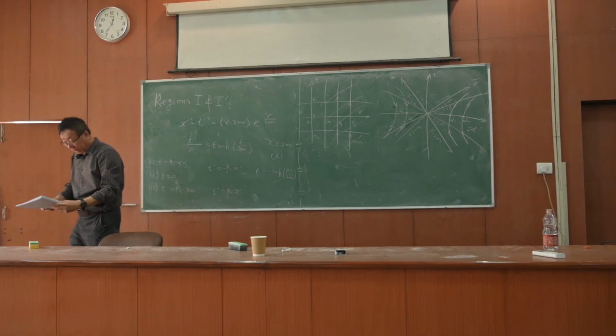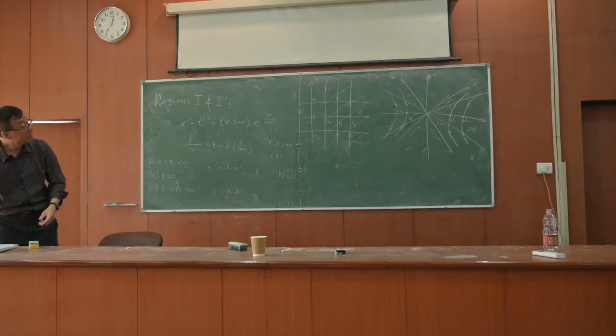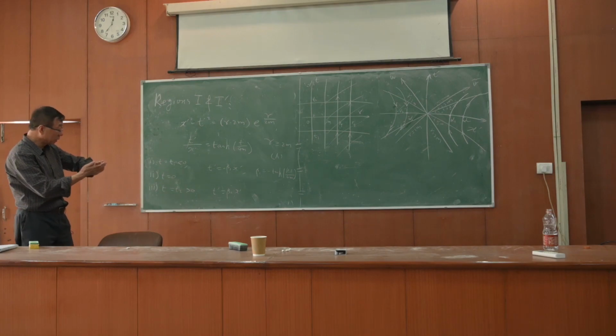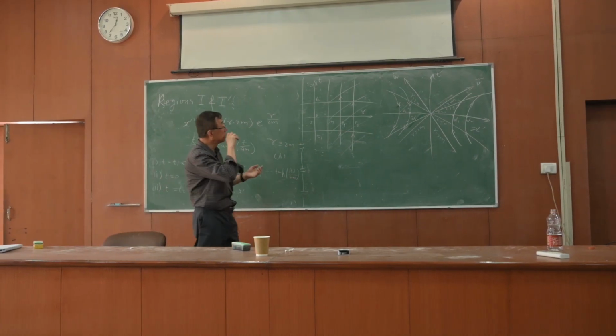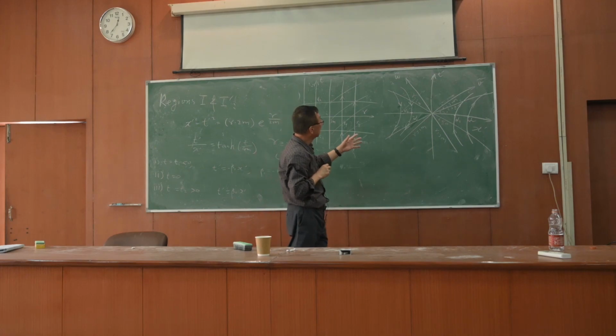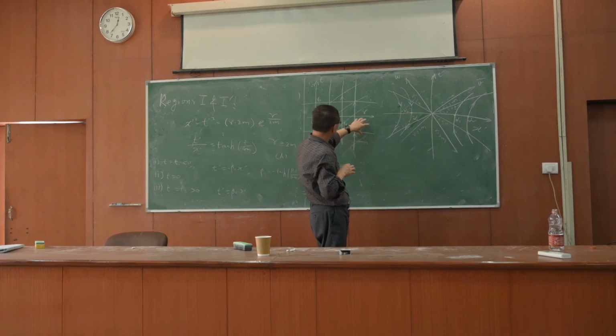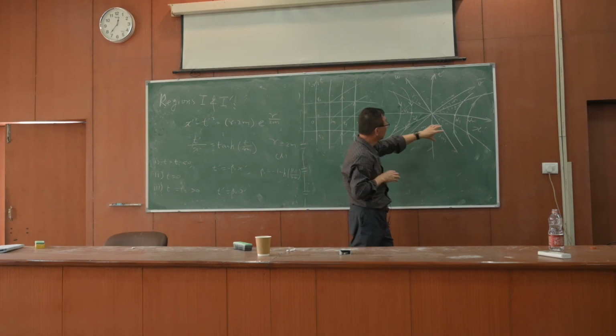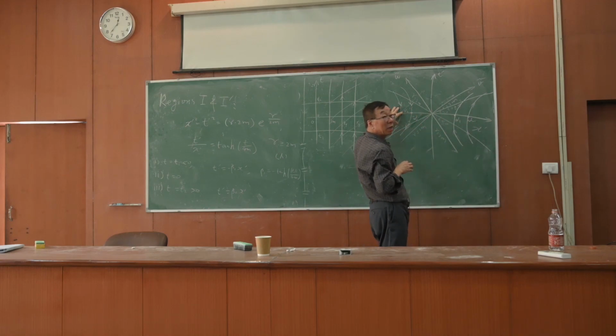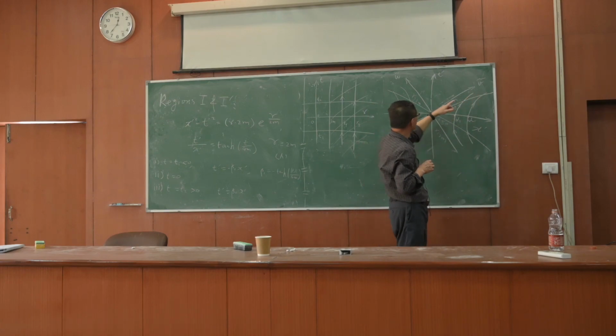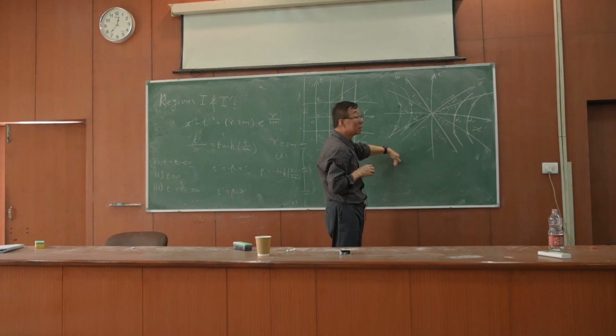Any question about this part? So this is actually the one-to-one map between regions. Now we have here 1 and 1 prime. Here T increases, here T decreases.